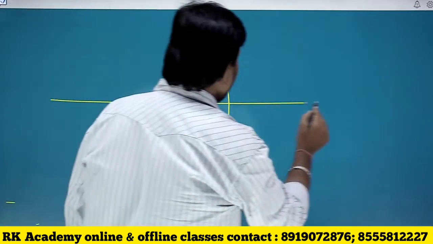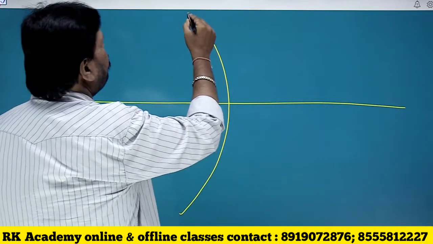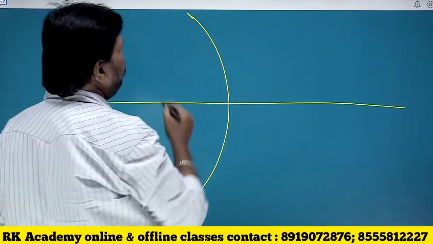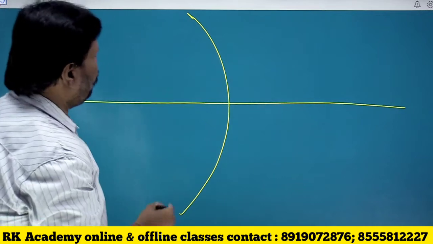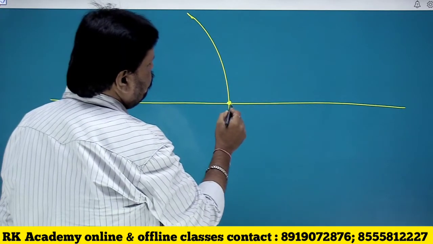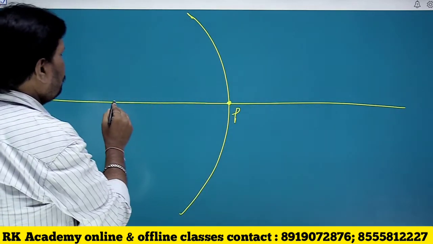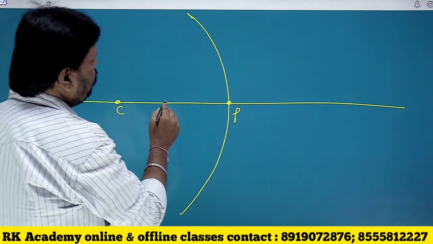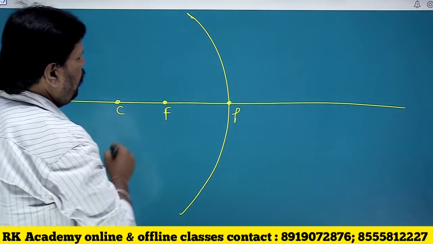Sign conventions. Let us take whether it is convex or concave, whatever it is. This is pole and this is center of curvature. This is focus.